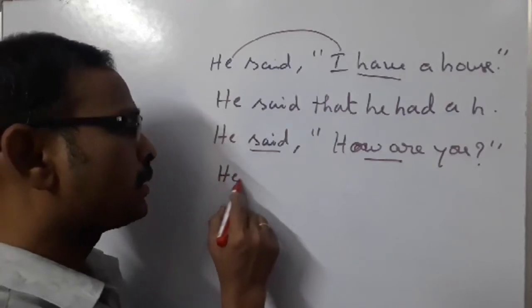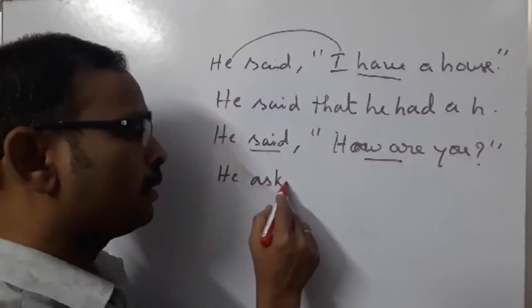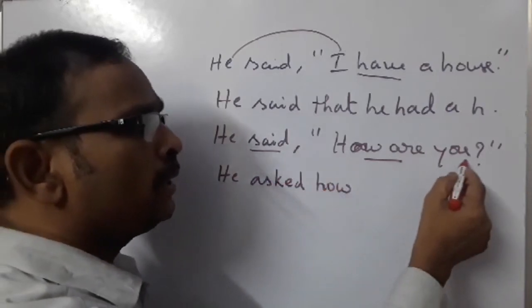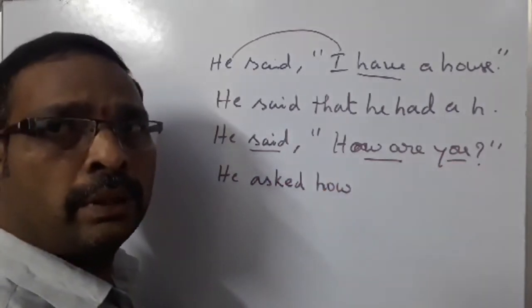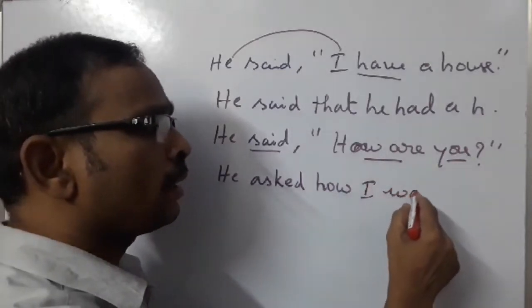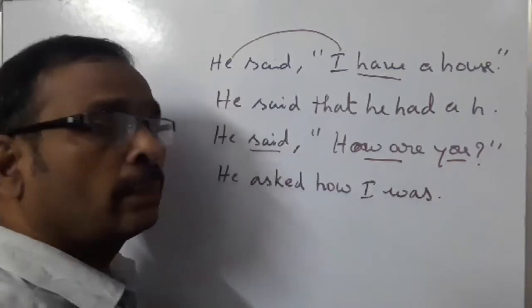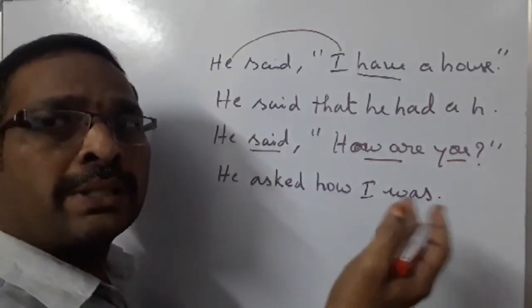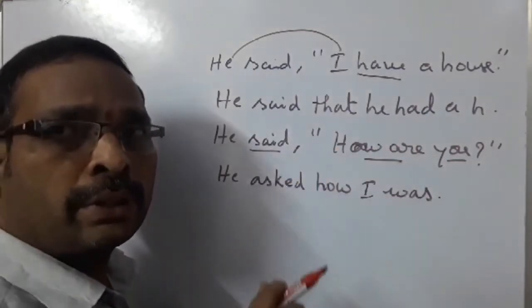He asked how I was. Full stop. We should not write how was I. If you write how was I, it becomes interrogative again.